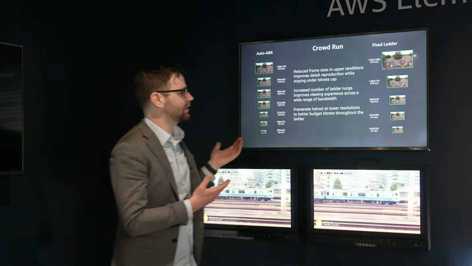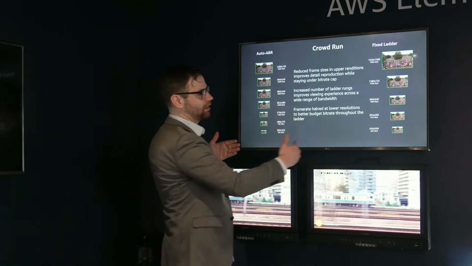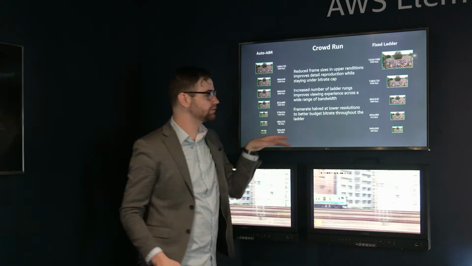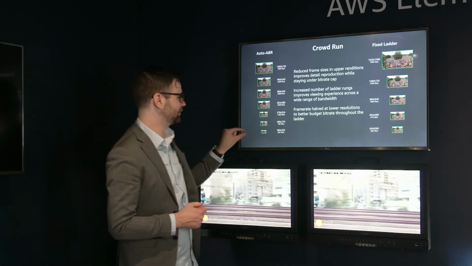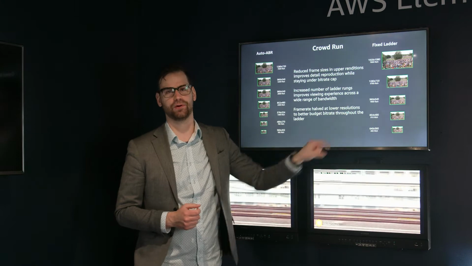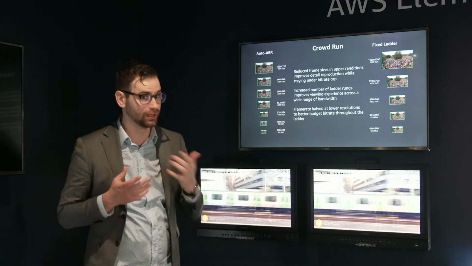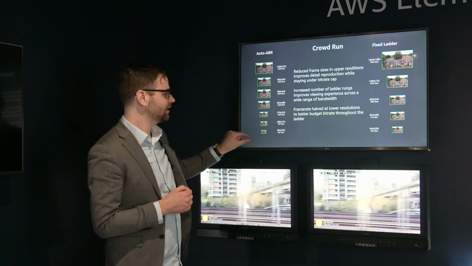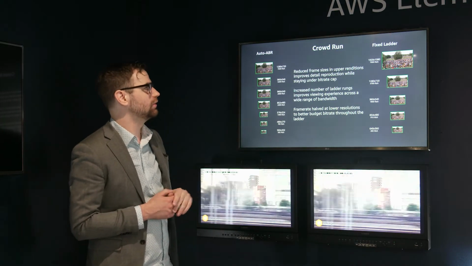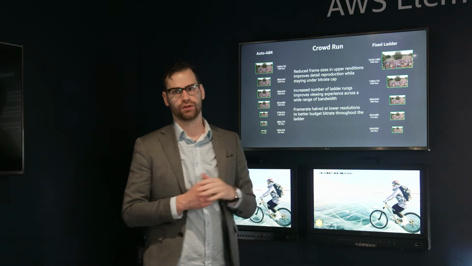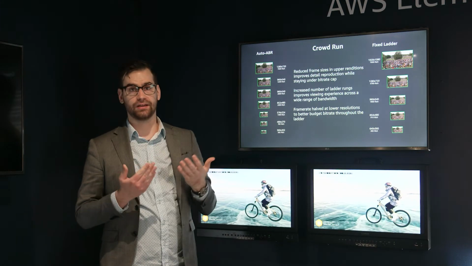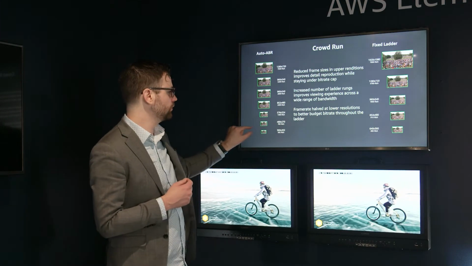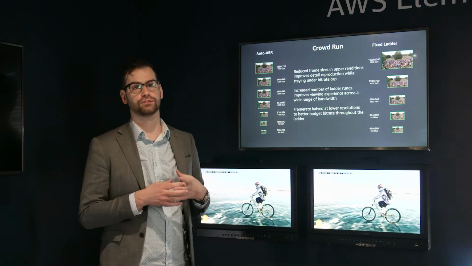You could actually take a look comparing the very bottom rungs of these ladders near the minimum bit rate. These are both incredibly small pieces of video at this point being played back on devices in really bitrate constrained environments. But if you compared the Auto ABR version at 360 by 202 to your fixed ladder version at 640 by 360, both upscaled to the end device, you would in fact see more detail preserved at that highly constrained bit rate.